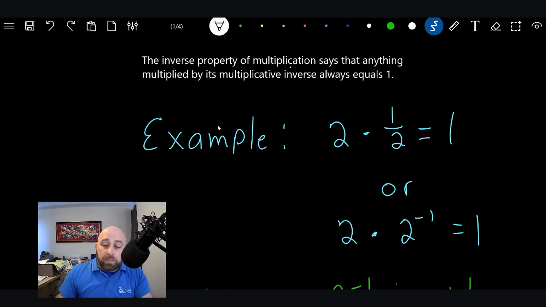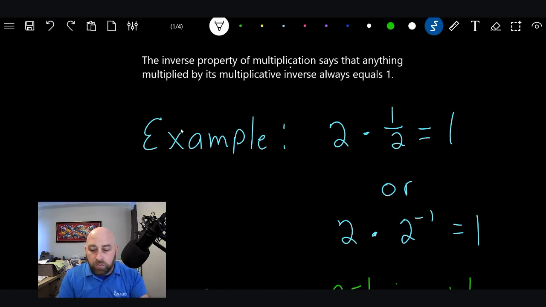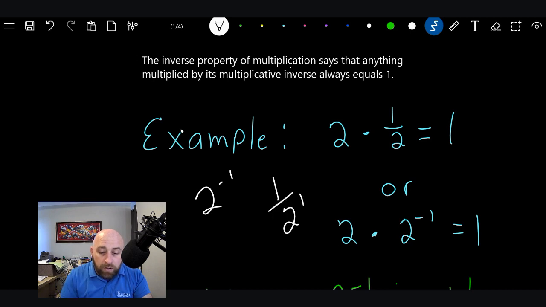Now let's look at this next one. This is a concept that we've just added here in Algebra 2. This idea of the -1, what does that mean? Well, it means 2 to the -1. How do we get rid of that? We flip that 2 down to the bottom and remove the negative sign, so 1 over 2.